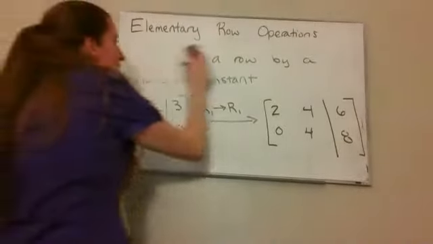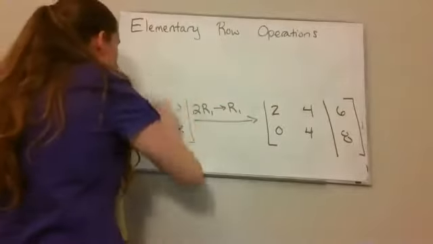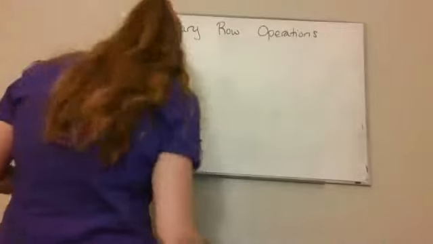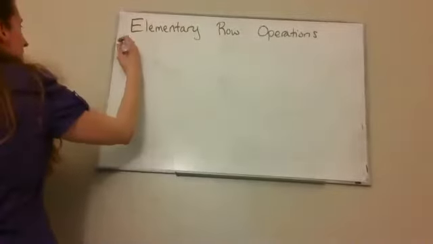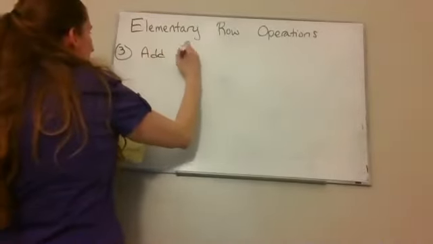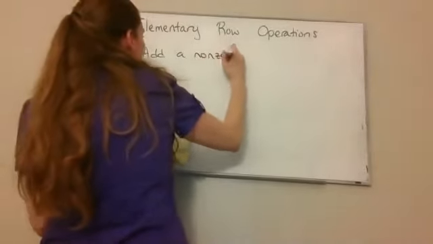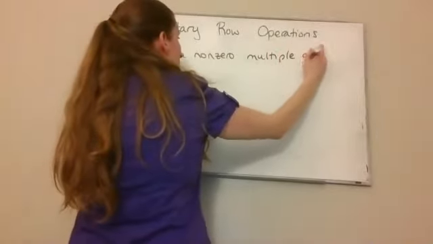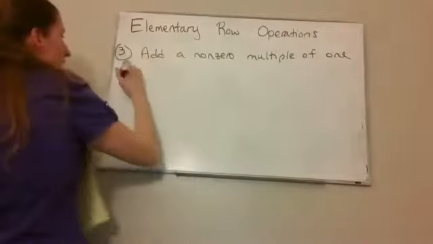Our last elementary row operation is the most complicated one. We can add a non-zero multiple of one row to another row.